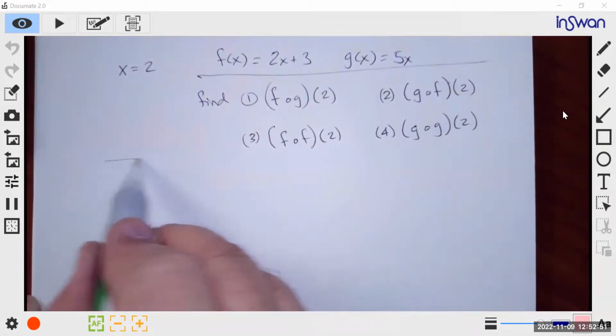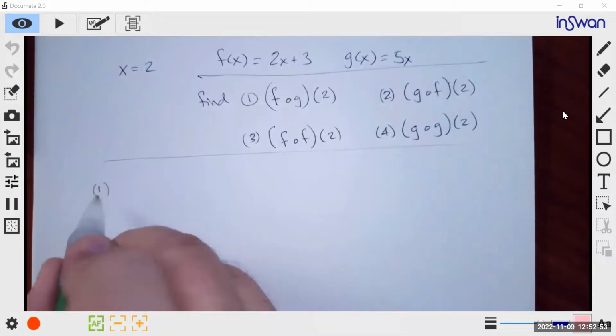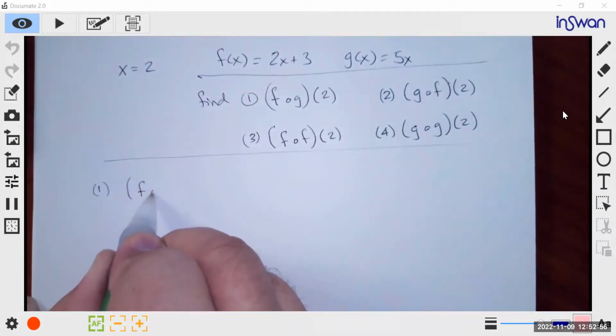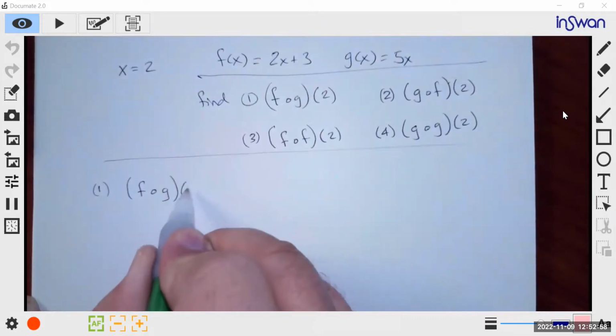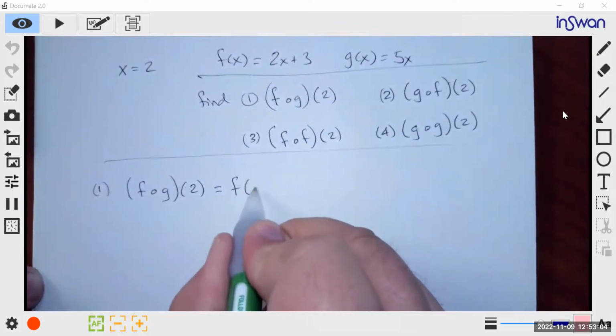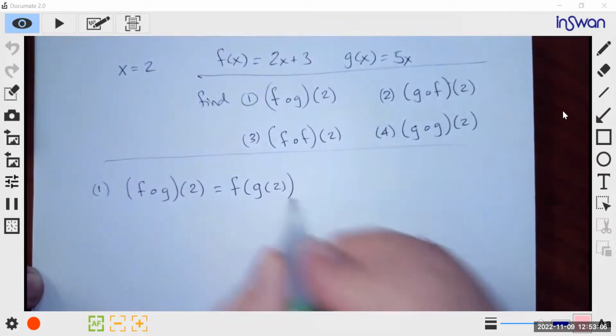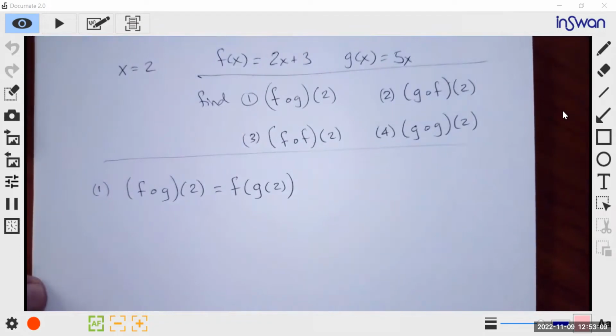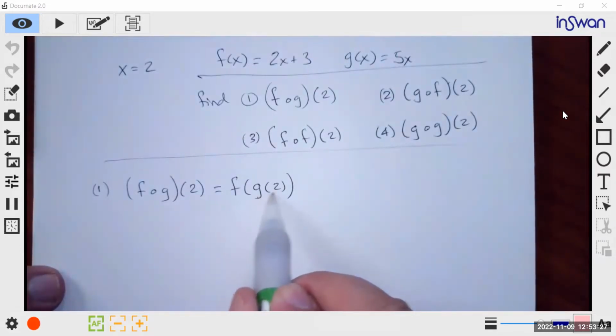So let's see what this really means in the first one, f of g. Remember, that's the same thing as what this means. So what this really tells us is, what is g of 2?